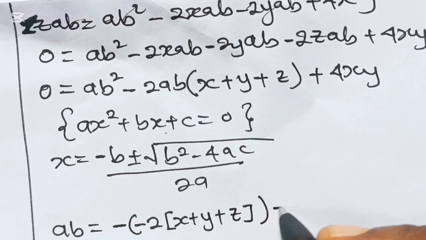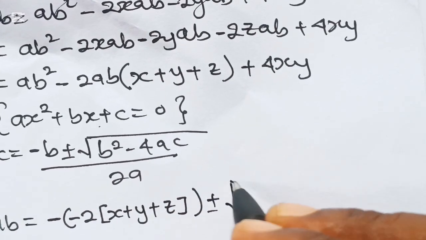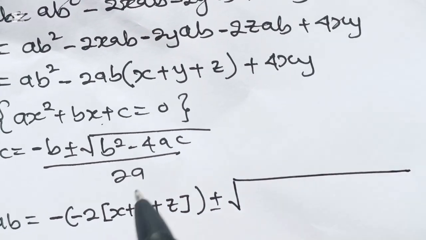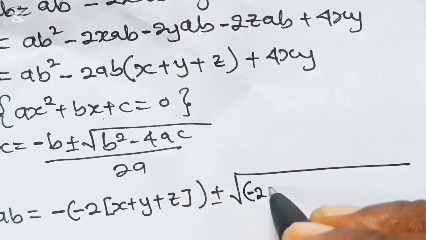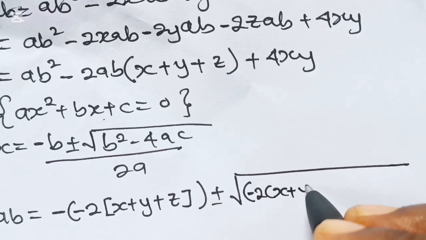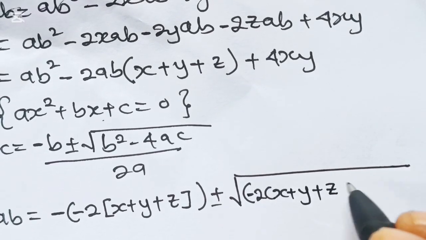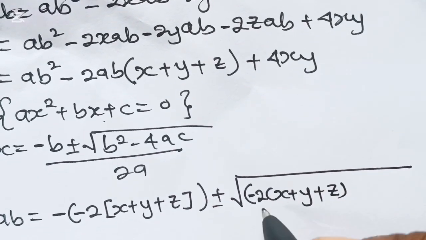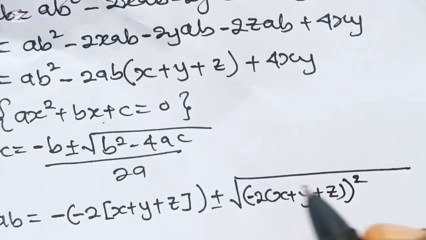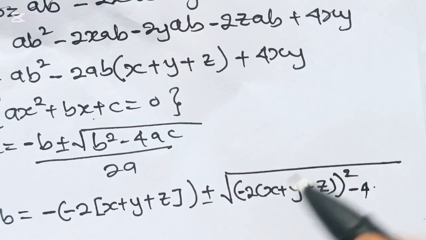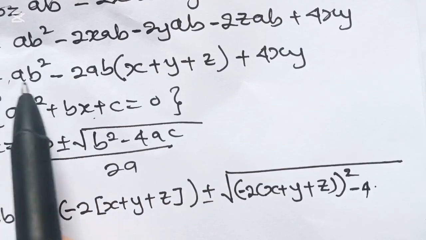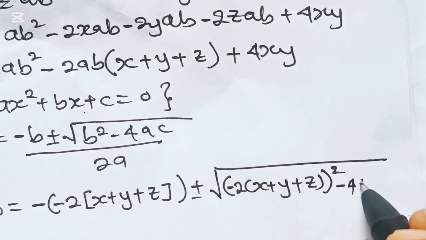So minus b plus or minus the square root of b squared, that is, our b is minus 2 brackets x plus y plus z. All right, so this squared minus 4ac, minus 4 multiplied by our a, which is 1, the coefficient of ab squared.